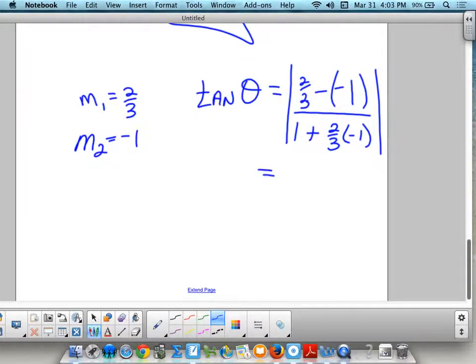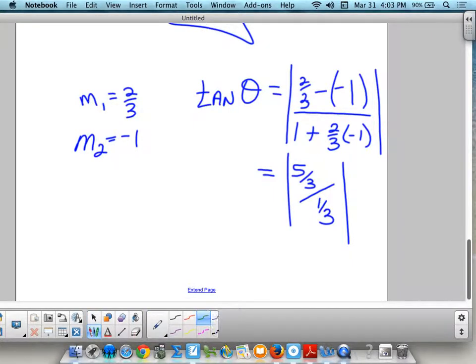I end up with, on top, 5/3. On the bottom, 1/3. And I do the numerator times the reciprocal of the bottom, and I end up with absolute value 5. Absolute value 5 is 5.